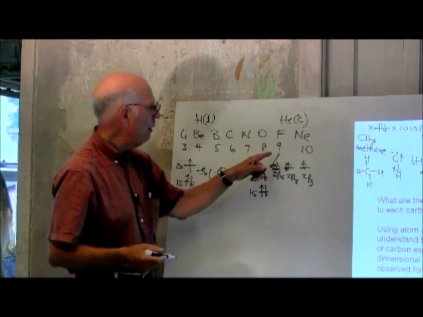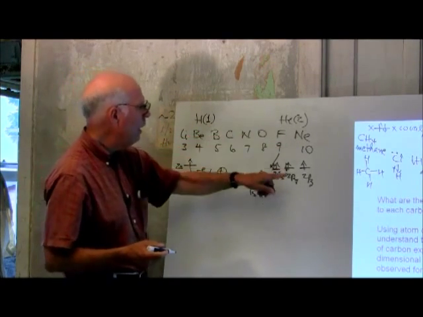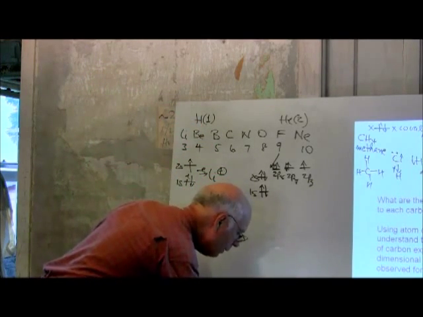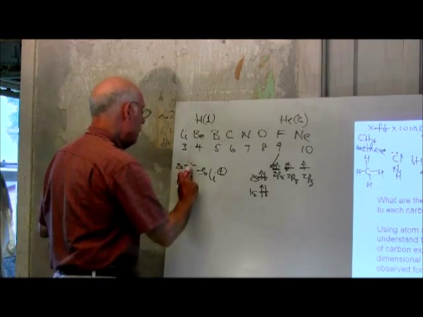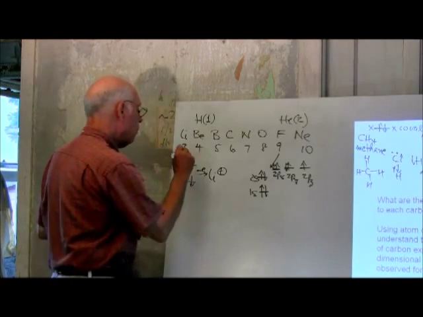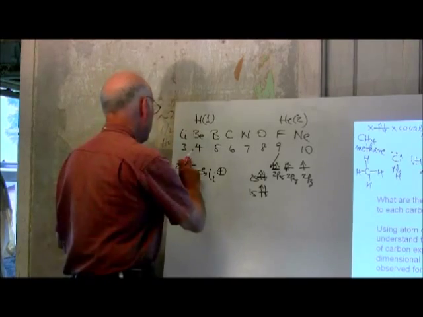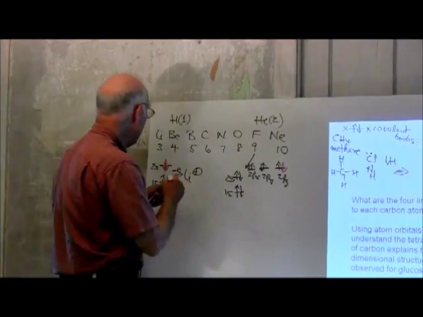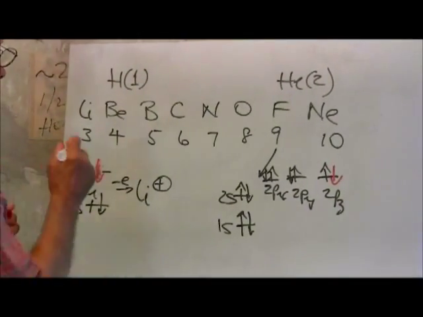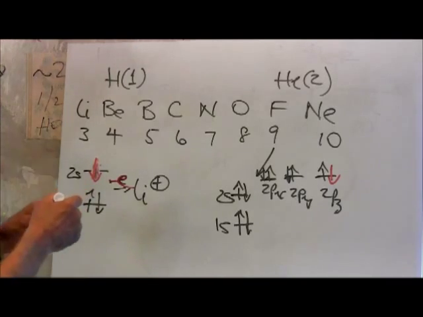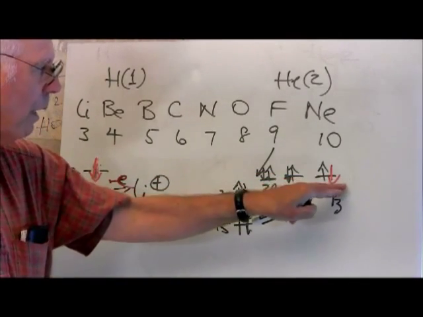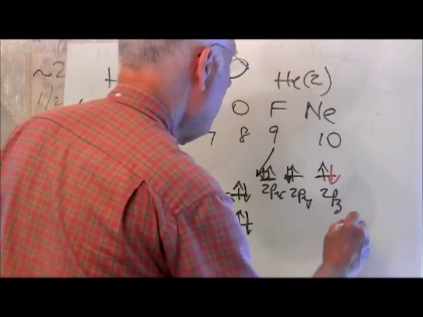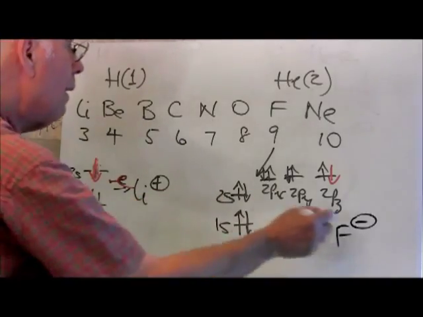Well, if lithium becomes more like helium, how would fluorine become more like neon? Well, if we take this and we made this guy red and turned it over like that and gave that red electron here, now we give away the red electron, we get lithium plus, and we grab an electron here, and now we get fluorine minus, and so we can make lithium fluoride.